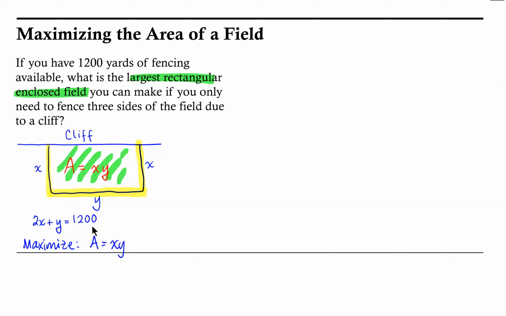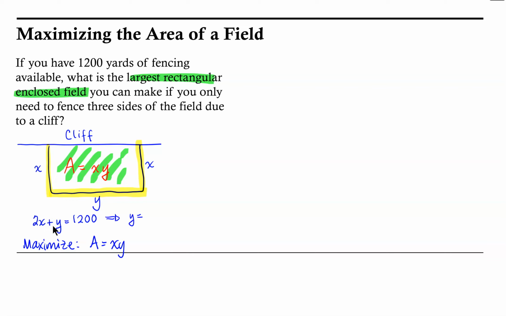So let's decide, do we want to replace x in the area function, or do we want to replace y? Well, looking at our constraint equation, it looks like it would be easiest to replace the y variable in the area function, because we would simply need to subtract 2x on both sides of that equation.